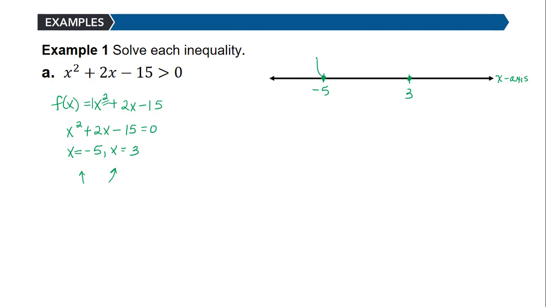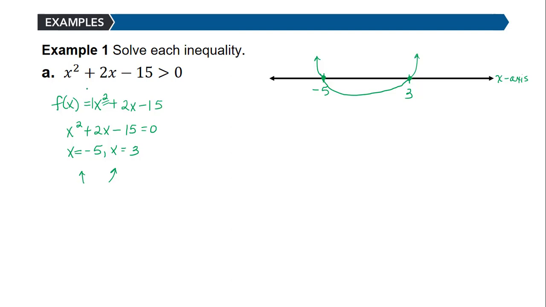So that means it's going to go up to the left of -5 and up to the right of 3, which means it will have to go down below the axis and then curve back up to come up through the 3.